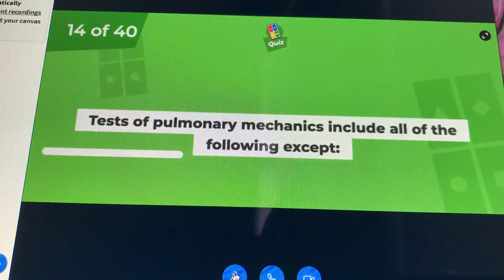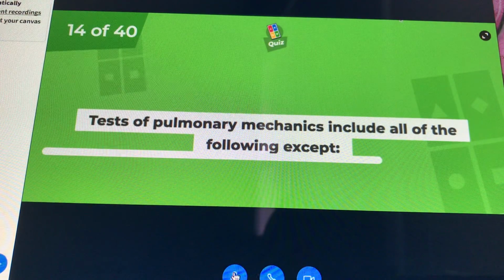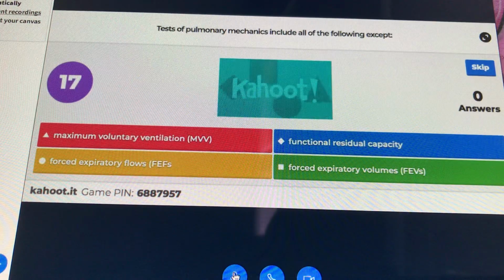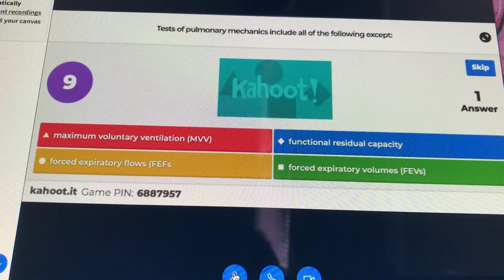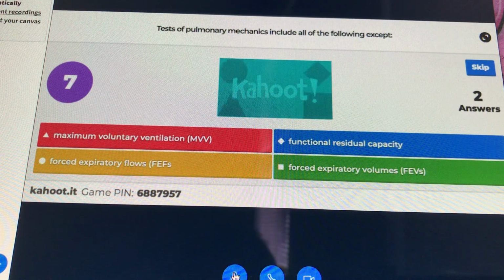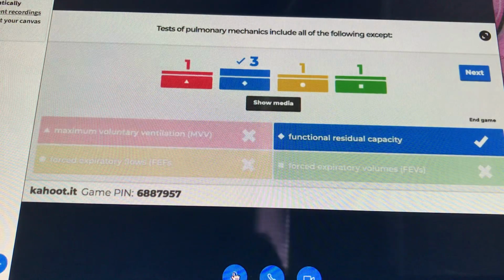Tests of pulmonary mechanics include all of the following except... that would be your FRC.